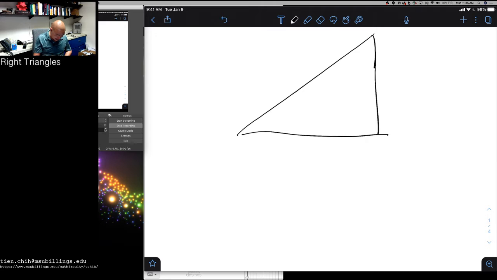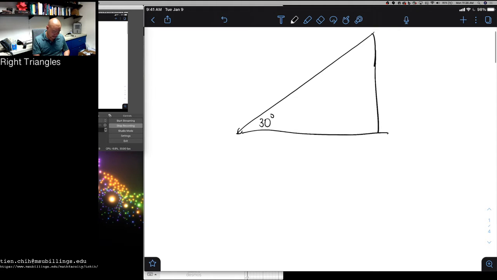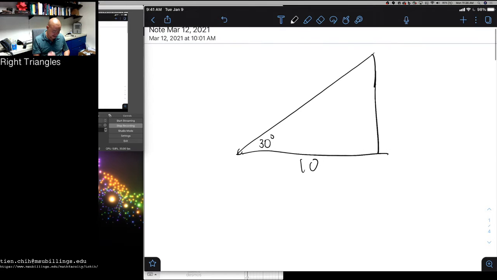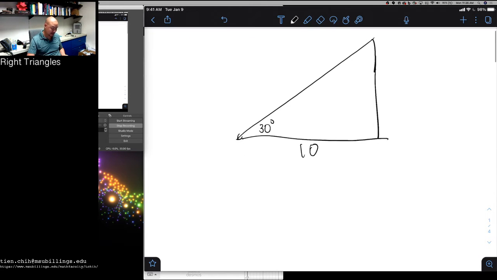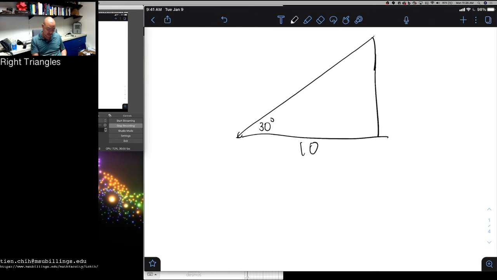And just to stick with things we might be a little bit more familiar with, let's say that this angle over here is 30 degrees, and then let's say the base of this is 10, and what I want to know now is the rest of the dimensions of this triangle. Let's emphasize the fact that it's a right angle there.